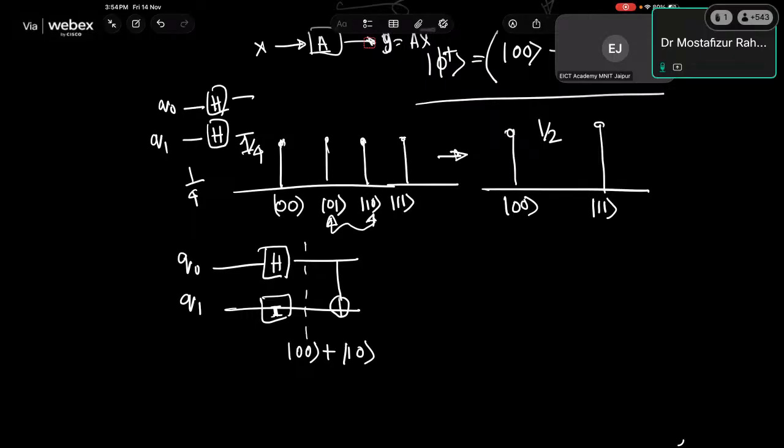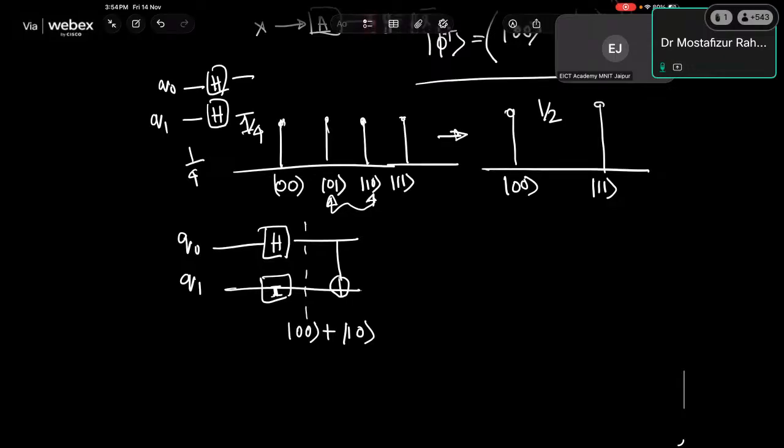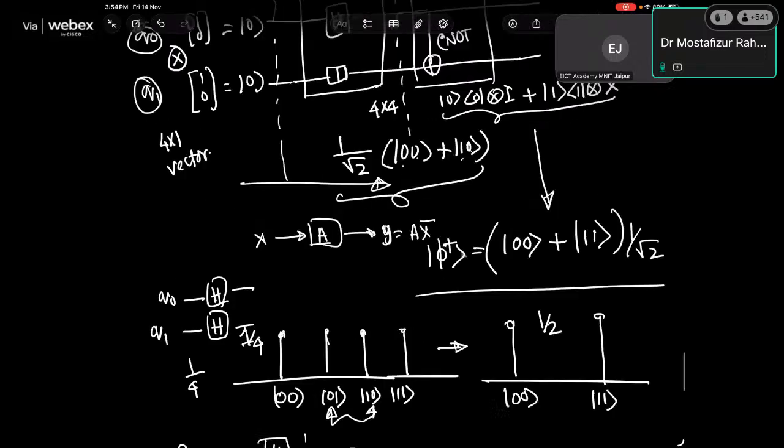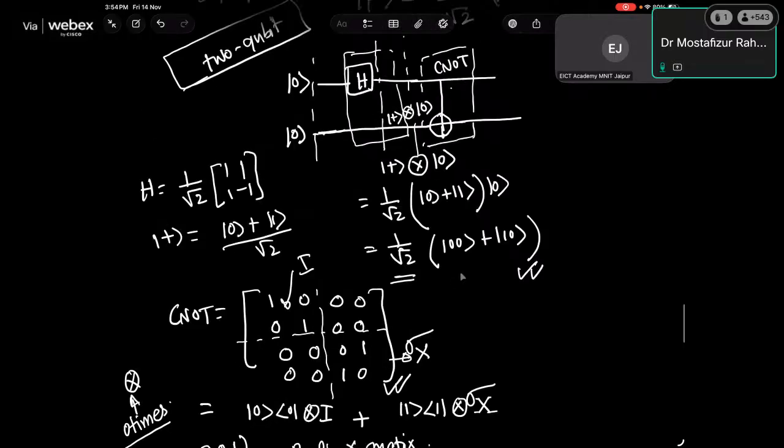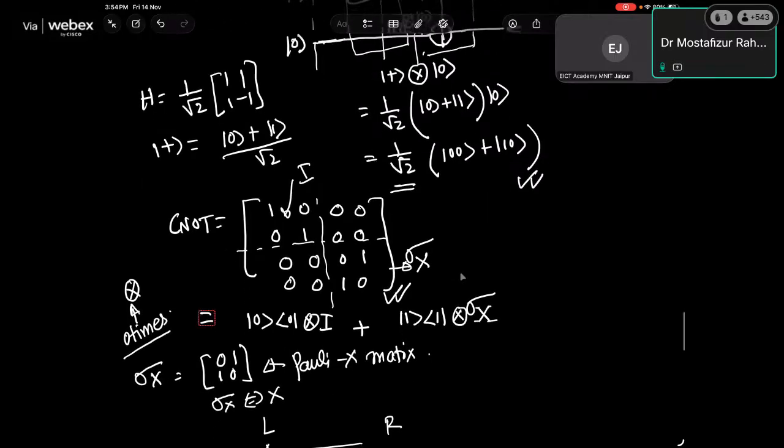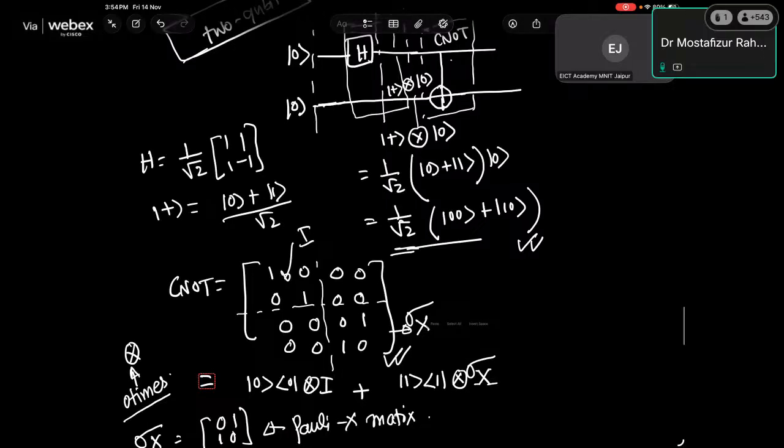Then when you apply the CNOT here, if you wish, you can simply do this matrix times this vector that we just generated, right? Just by hand calculation you can also do this.